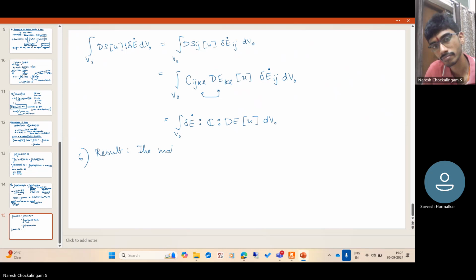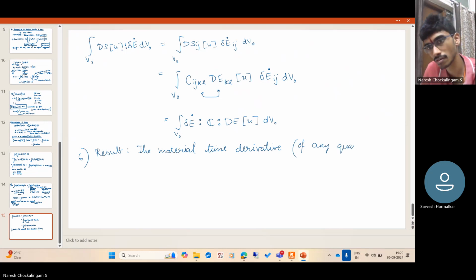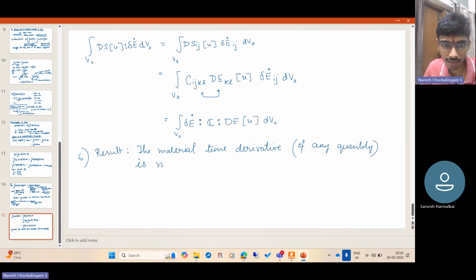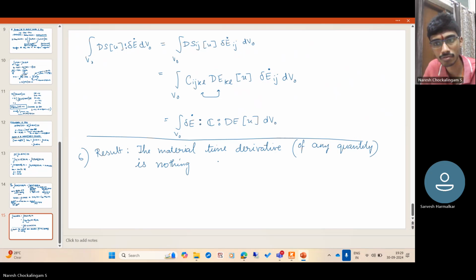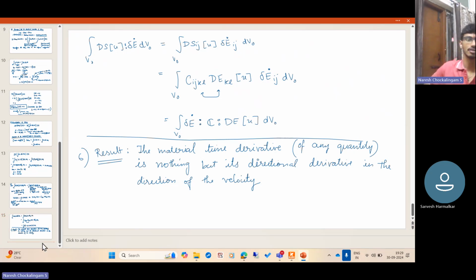The material time derivative of a tensor, of any quantity, is nothing but its directional derivative in the direction of the velocity, the velocity at that point. So this is a very useful result. We'll see how it comes up.